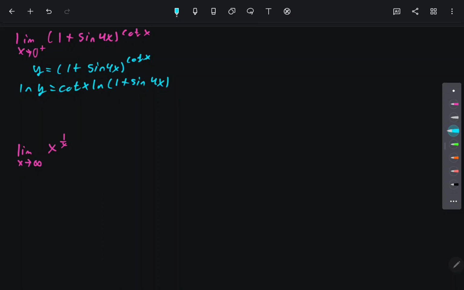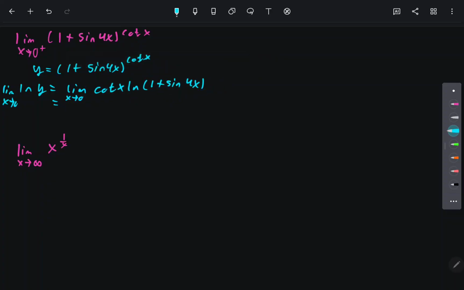Alright, now that we have this function, let's find out what the limit as x approaches 0 of it is. Limit as x approaches 0. So, what you might notice is we have a product here.